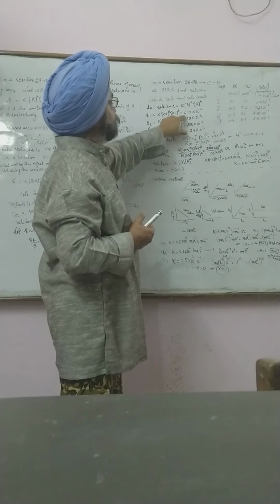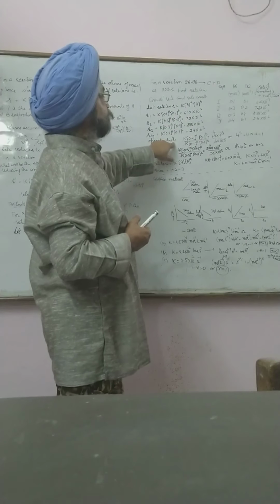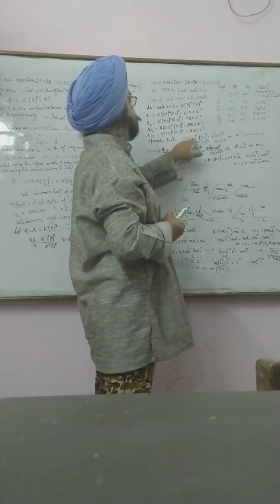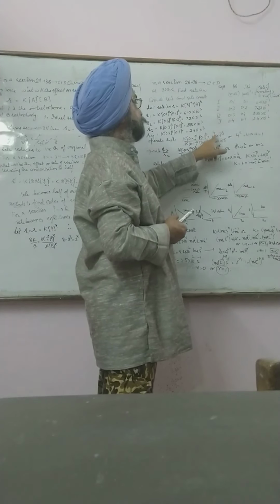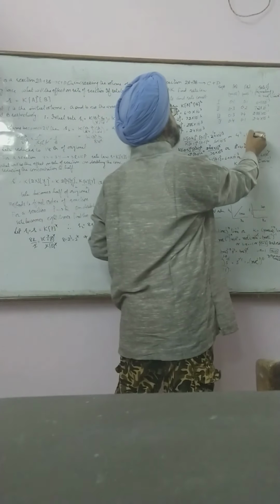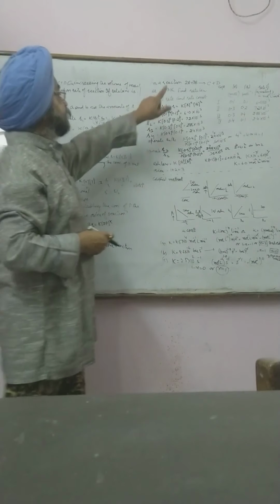So this is the high value, and that is why R4 by R1. Now they will cancel out, 0.4 by 0.1 means 4 to the power A, and 24 by 6, and you will get 4 to the power A is 4, means 4 to the power 1. Order with respect to A is 1.